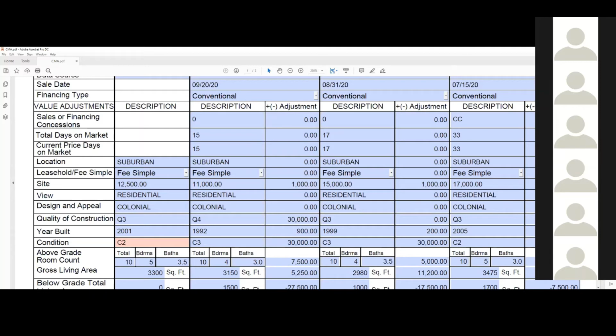Anybody else? One more: interior square footage. Is it strictly whatever the assessor has reported, or is it the square footage within the house? For instance, if a garage was converted without a permit, then it's not reported with the assessor's office.